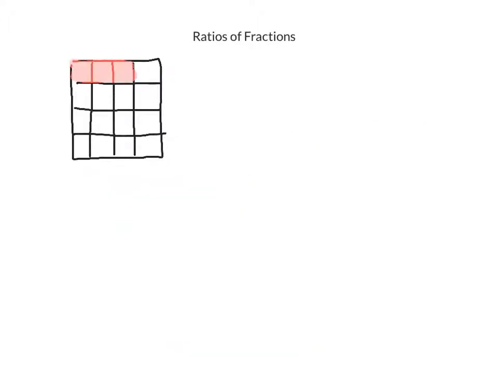So this one's a fun one. The square shown is composed of smaller equally sized squares. The shaded section has an area of 1/4 square inches. Use unit rate to determine the area of the larger square. So we know that this section right here equals 1/4 of a square inch.